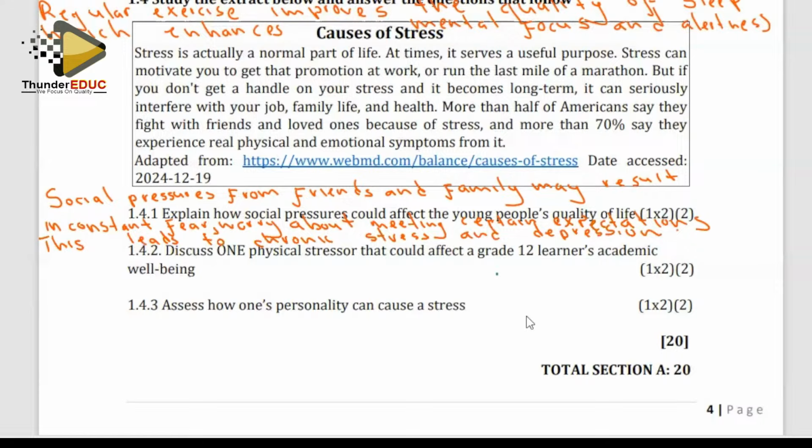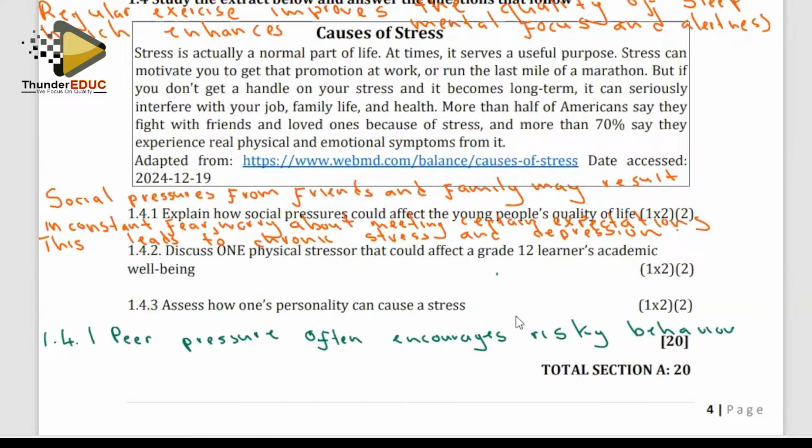Then in addition to that, you can also say that peer pressure often encourages risky behavior in the youth.